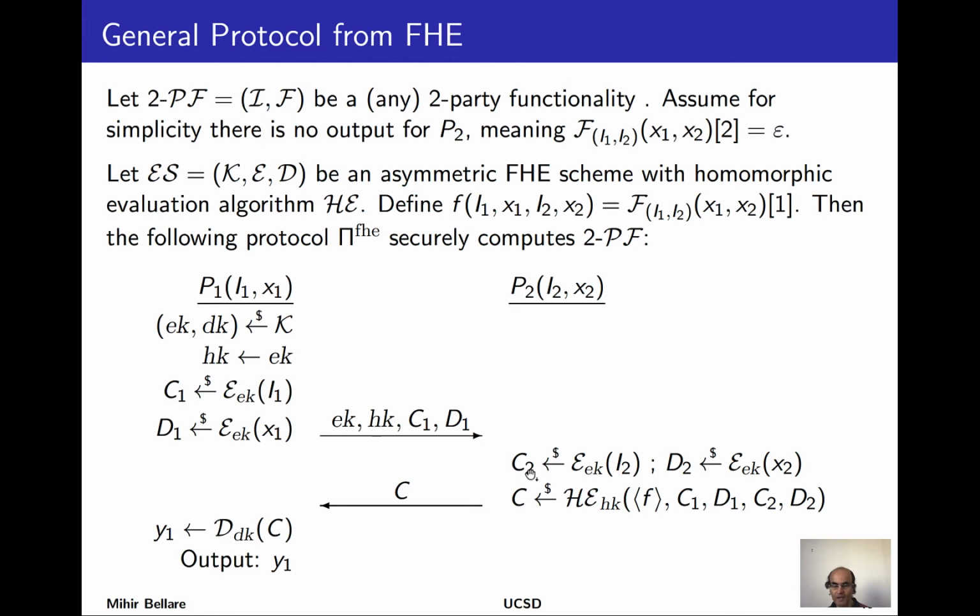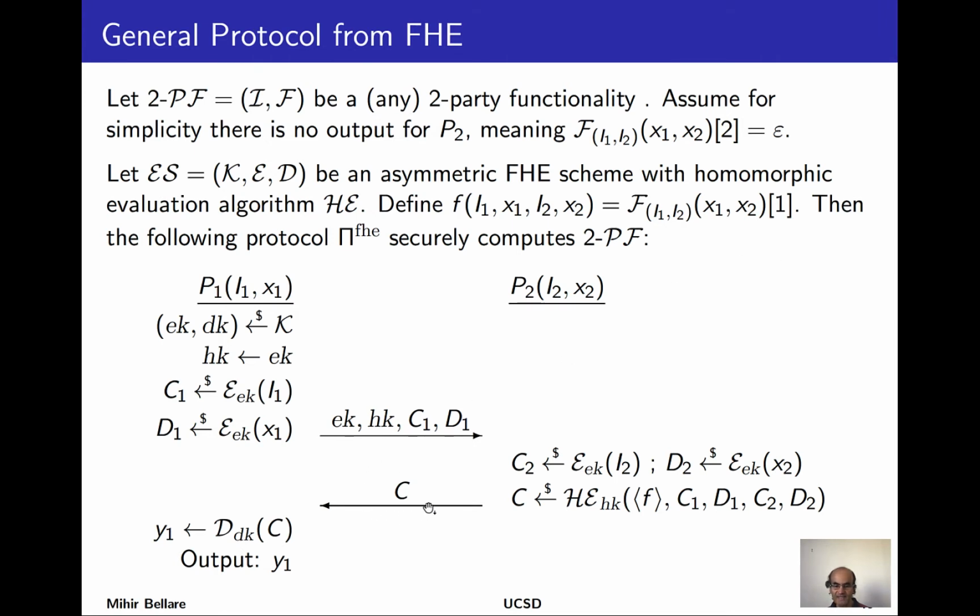inputs. What it instead does is it runs homomorphic evaluation on these ciphertexts and these ciphertexts with this function. So clearly, the result of that is that this ciphertext encrypts F of these inputs. In other words, it encrypts the result that party 1 wants to get.